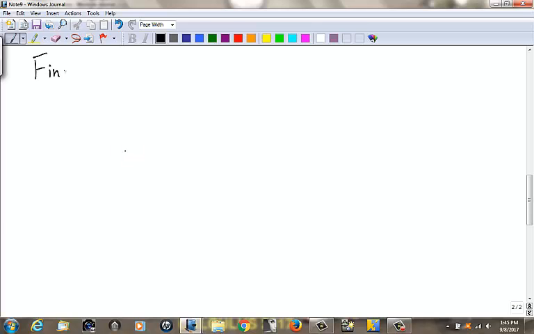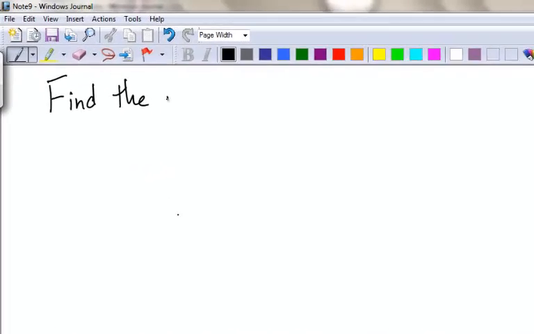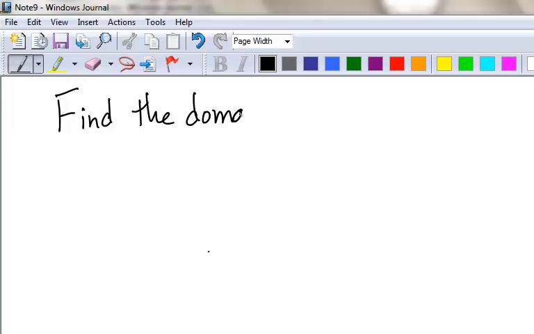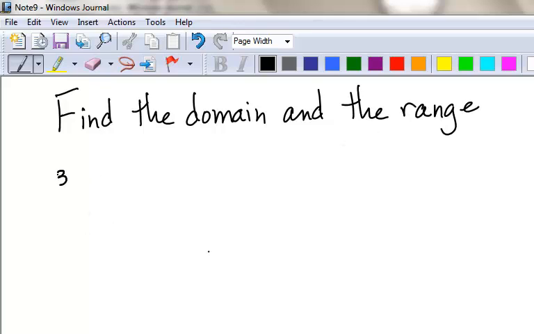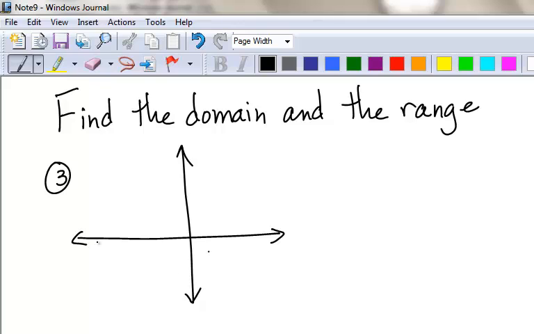Say they ask you to find the domain and the range. And we're going to do these graphically. So, say I give you the domain and range, and I give you a curve like this.